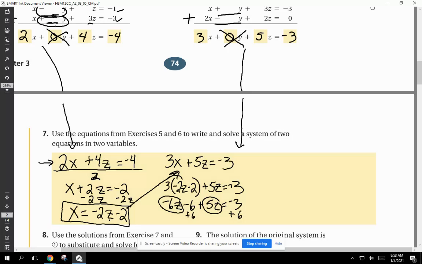So now you get negative 6z plus 5z is negative z equals negative 3 plus 6 is positive 3. So to get rid of that negative sign, we've learned to just divide by negative 1 on each side. So positive z equals negative 3. I was right the first time, sorry. Let's cross that all off. Z equals negative 3.